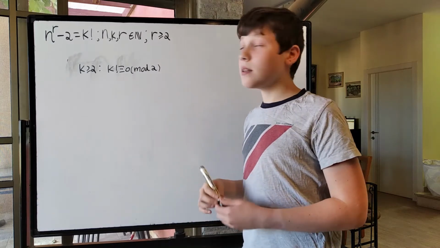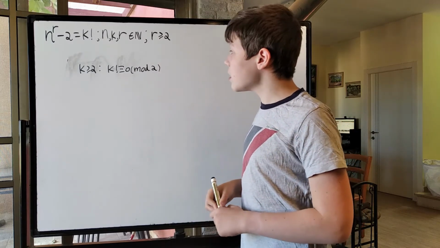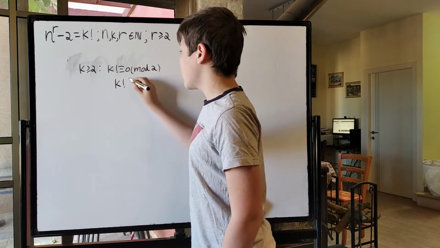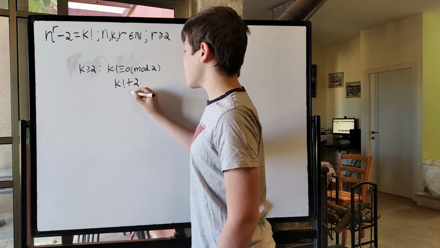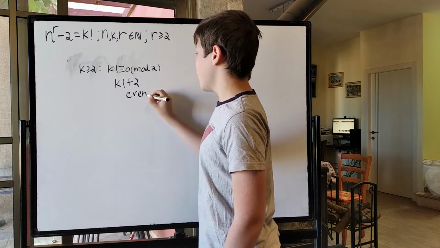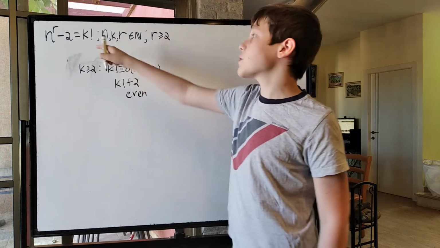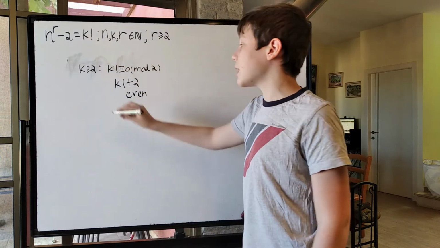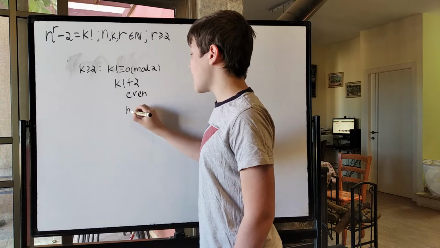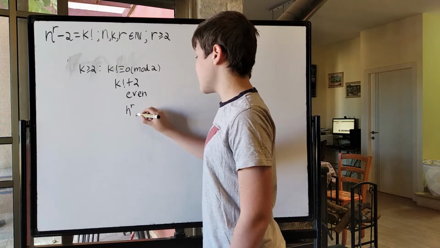And that means that k factorial plus 2 is also even. So I'll just write k factorial plus 2 is even. But we know that k factorial plus 2 from our equation is n to the r, meaning that we have n to the r is even.